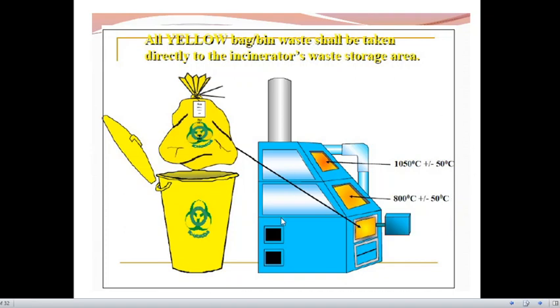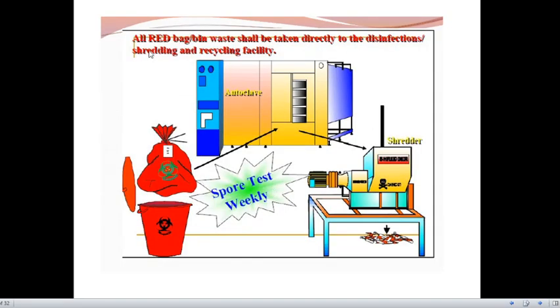As the picture shows, all yellow bag bins waste shall be taken directly to the incinerator's waste storage area. And all red bag bins should be taken directly to the disinfection, shredding and recycling facility. So those are two key points that you have to keep in mind.